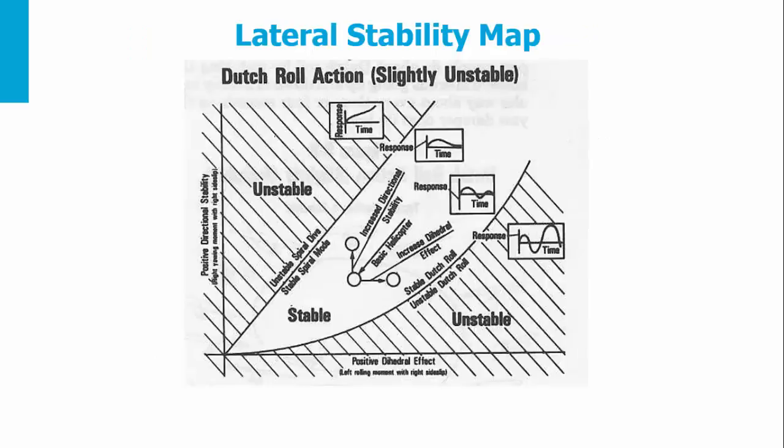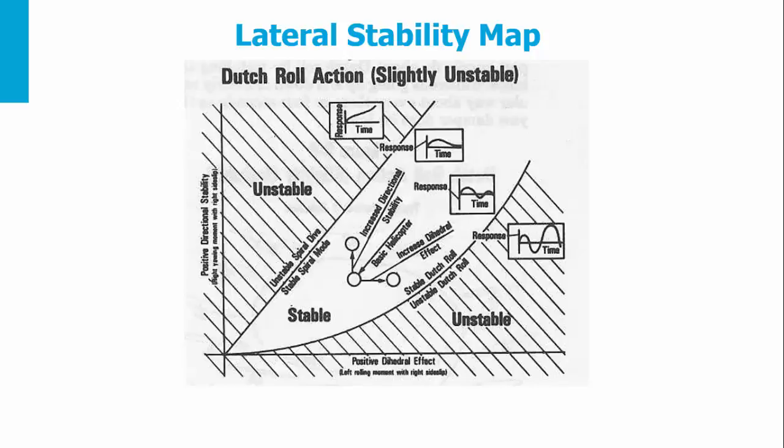We have also here a lateral stability map. One can represent the dihedral effect. If you remember, the dihedral effect from the fixed wing is the amount of roll moment produced per degree of side slip. So a positive dihedral effect corresponds to a left rolling moment with a right side slip.